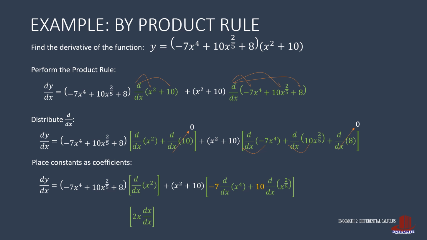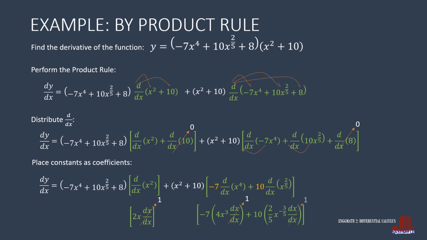The derivative of x squared is 2x dx over dx. The derivative of x raised to 4 is 4x cubed dx over dx. And the derivative of x raised to 2/5 is 2/5 times x raised to negative 3/5 times dx over dx.